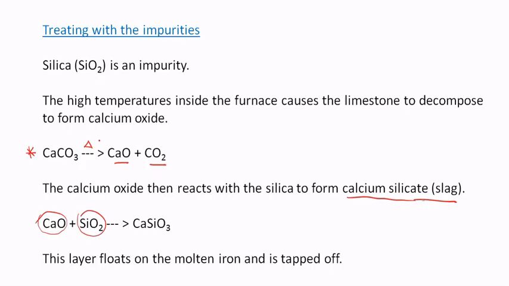If they do exist as a compound, you just have to heat it strongly and you'll extract the metal. And metals in the middle of the reactivity series can be reduced using carbon or carbon monoxide. The two extraction methods that you need to be familiar with are the extraction of aluminium and the extraction of iron. The extraction of aluminium is done by electrolysis, and the extraction of iron is done using carbon monoxide as a reducing agent.